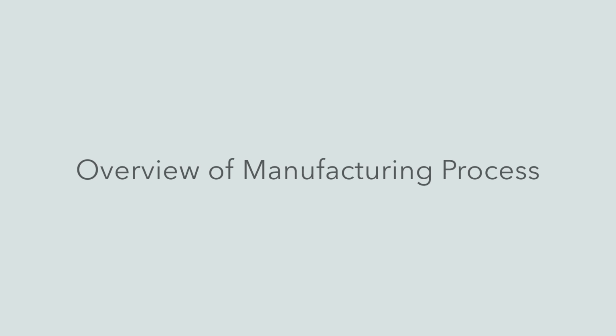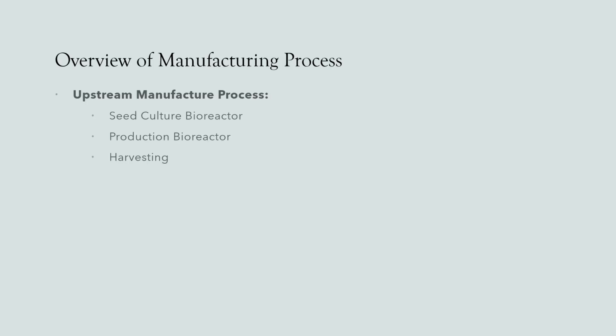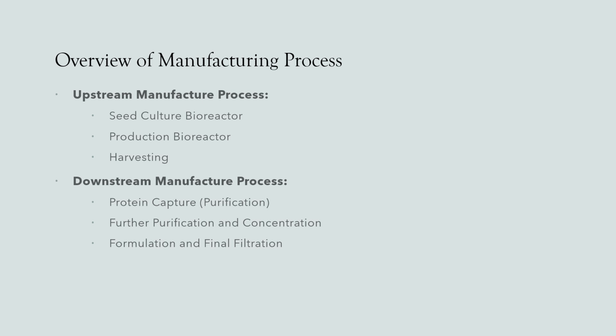Right, this next part is about the manufacturing process, and I'm just going to give a top level overview. The manufacturing process consists of two stages, or two phases: your upstream manufacture process and your downstream manufacture process. Your upstream process is all the stuff going on from the cell expansion right through to the production of the antibodies and harvesting.